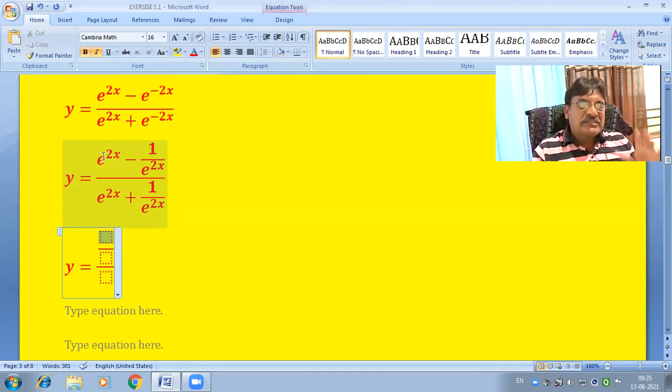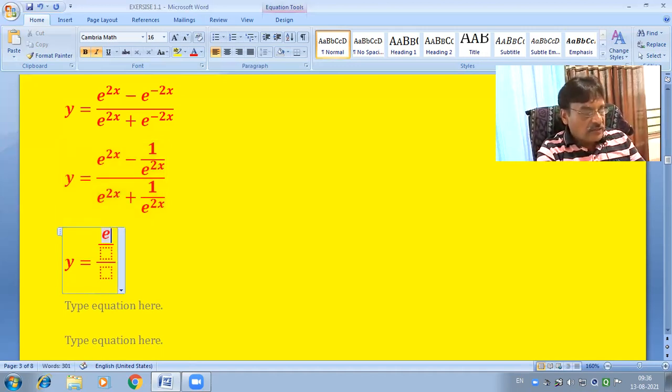Again, we subtract these two terms, but the denominator is different, so cross multiply, using the indices rule a to the power m whole to the power n equals a to the power m into n. So e to the power 2x into e to the power 2x is e to the power 2x whole square, and by the indices rule, e to the power 4x.